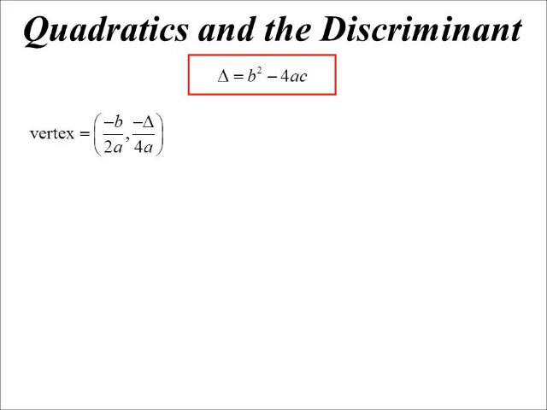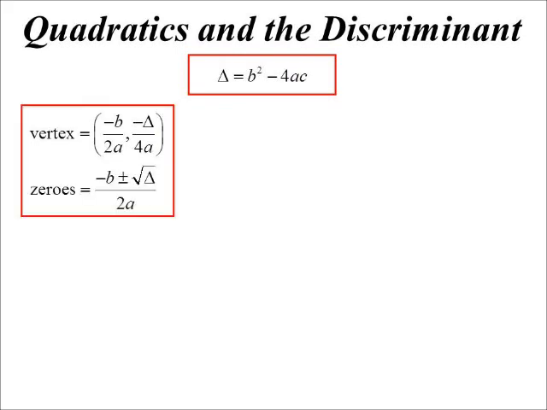Now that's useful if you've got one of those questions which says, what's the maximum or the minimum? And you don't actually want to go and find the axis of symmetry. I can find that y value without finding the axis of symmetry using this idea. And as I say, it comes from the zeros being plus or minus the square root of the discriminant.